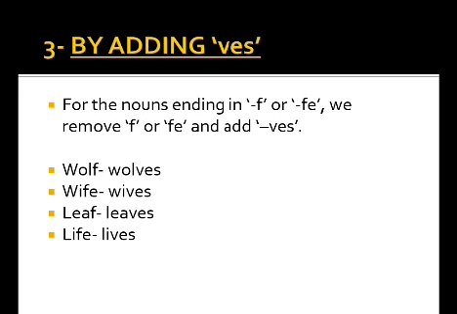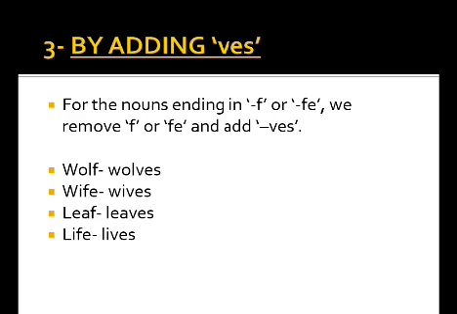Rule 3, by adding ves. For the nouns ending in f or fe, we remove the f or fe and add ves to make plural. For example, wolf. It ends in f. So to make it plural, we remove the letter f and add the suffix ves.